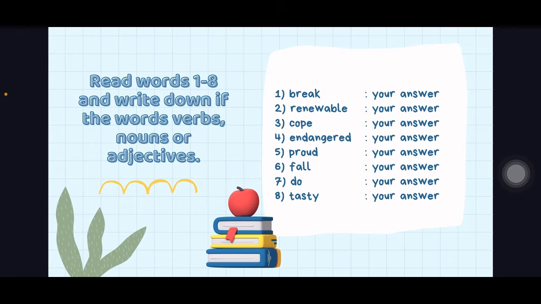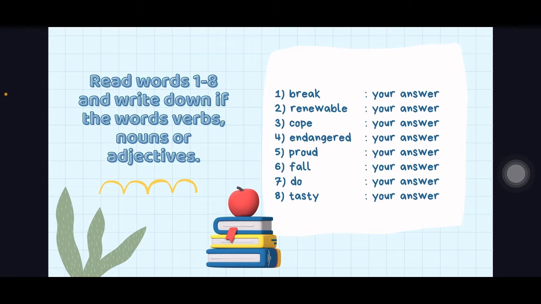Number 2 is renewable. Number 3, cope. Number 4, endangered. Number 5, proud. Number 6, fall. Number 7, do. Number 8, tasty.